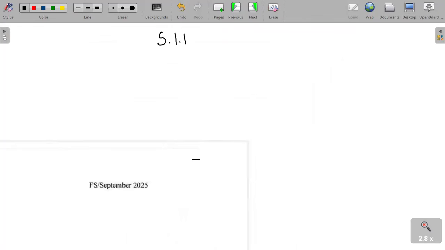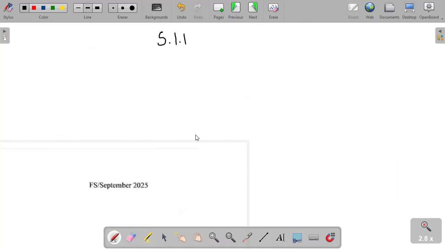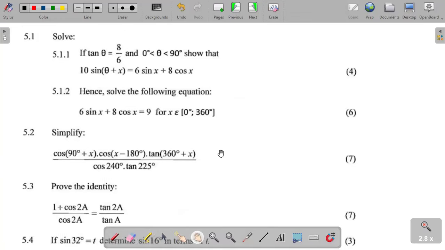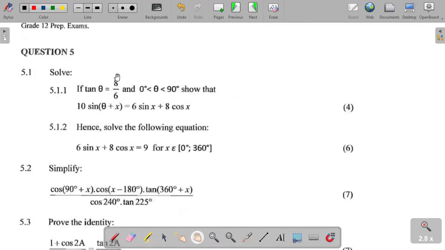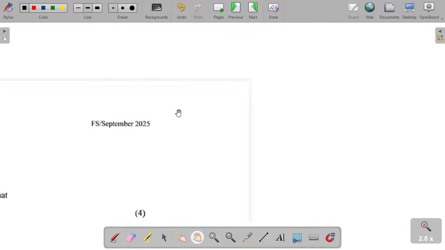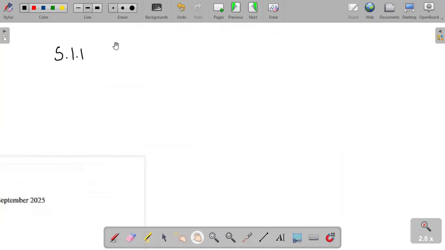So then what we must do here, they gave us theta, isn't it? If tan theta is 8 over 6, okay, then tan theta is 8 over 6.